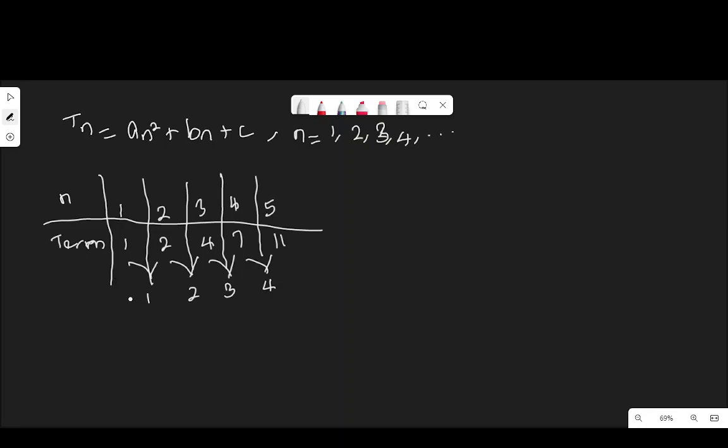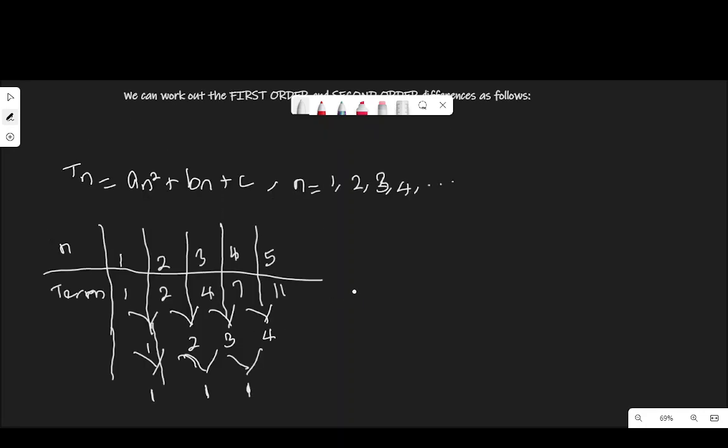Now for the second order difference, we have 2 minus 1 is 1, 3 minus 2 is 1, and 4 minus 3 is also 1. That is the second order difference.